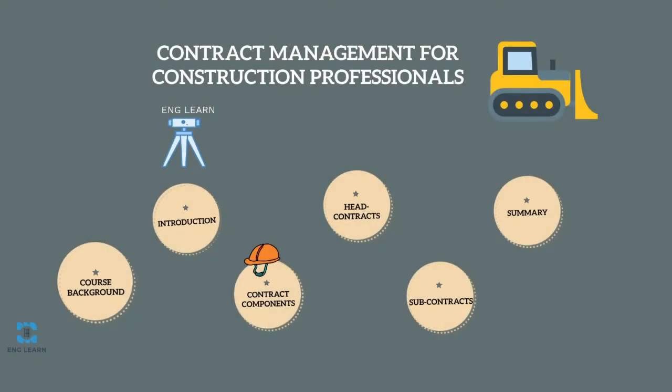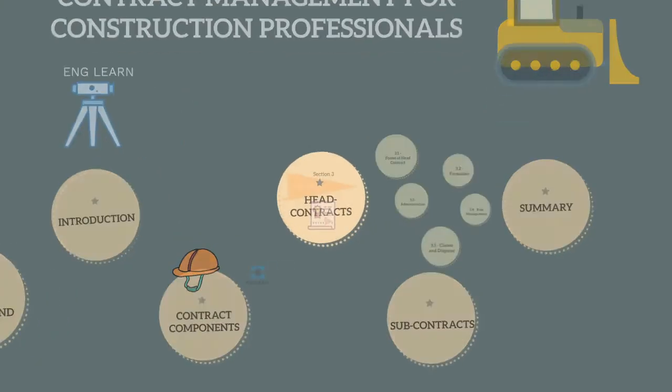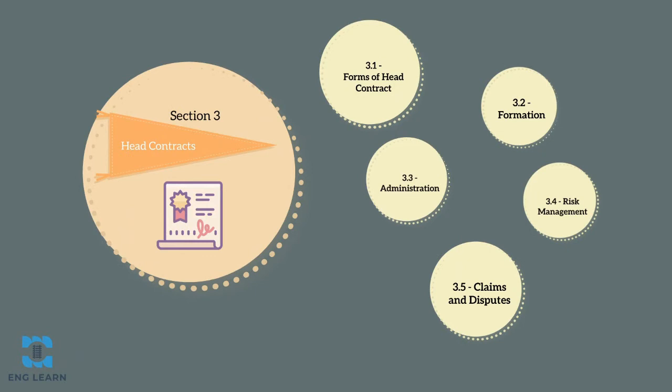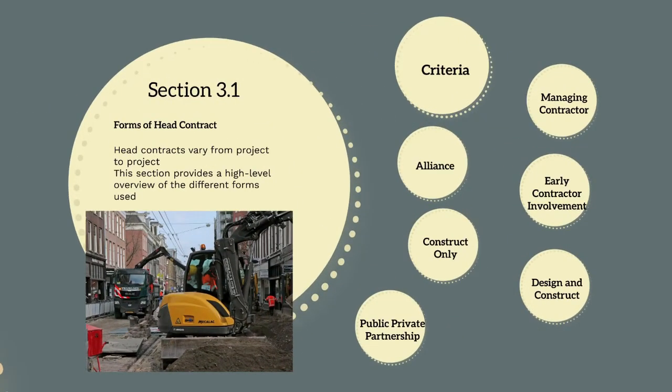Hi, and welcome to the first section of topic 3, section 3.1, where we're going to talk about all the different forms of head contract. Head contracts vary from project to project, and this section provides a high-level overview of the different forms of contract that a client or project developer will use to engage a contractor.